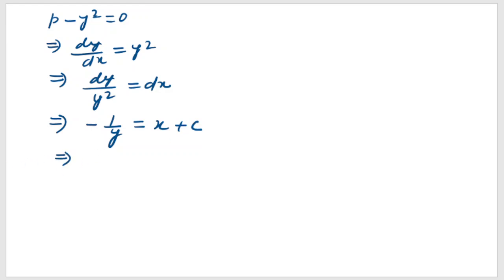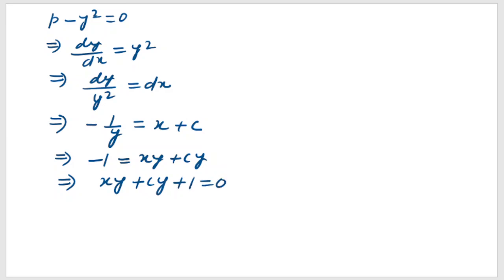You can just leave it as such, but to make it look slightly better in appearance, you can write -1 = xy + cy, or one more step, xy + cy + 1 = 0. So this is the second one.